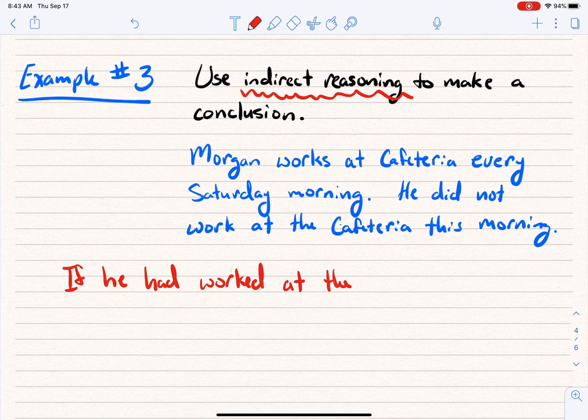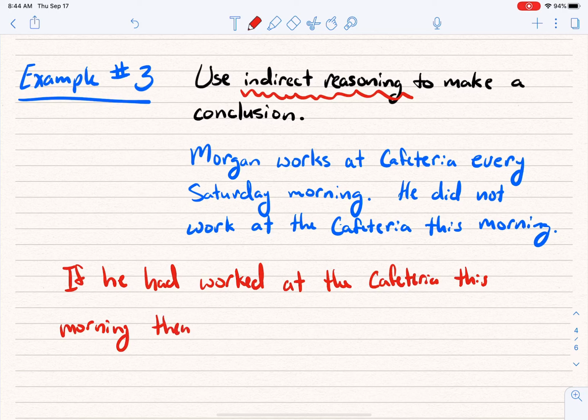So for this one, we're saying Morgan works at the cafeteria every Saturday morning. He didn't work at the cafeteria this morning. Well, let's go with the opposite. If he had worked at the cafeteria this morning, then what? Then we would know that it is Saturday.